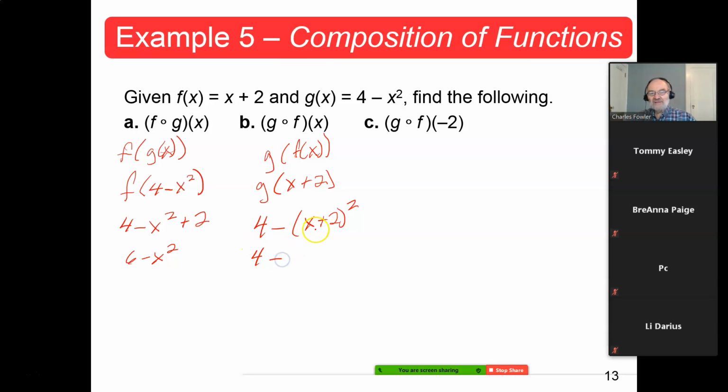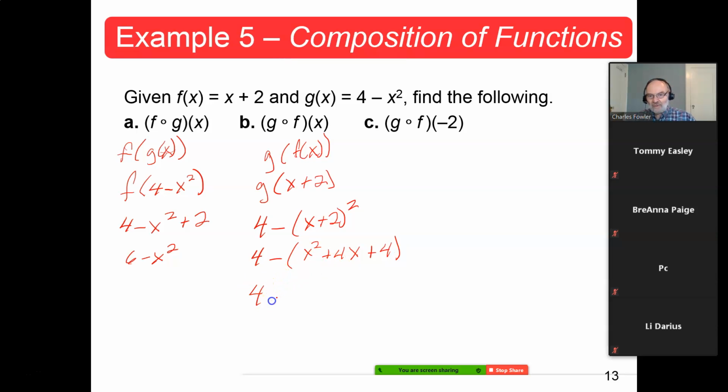4 minus. Now, I don't know if you remember the easy way to square a binomial. Square the first term, x squared, plus twice the product of the two terms. 2 times 2x would be plus 4x, and then square the last term plus 4. Okay, so got a little bit of work to do.